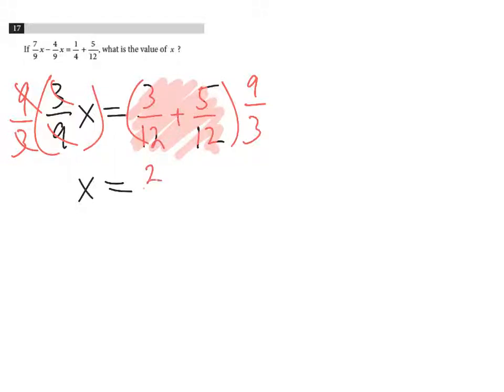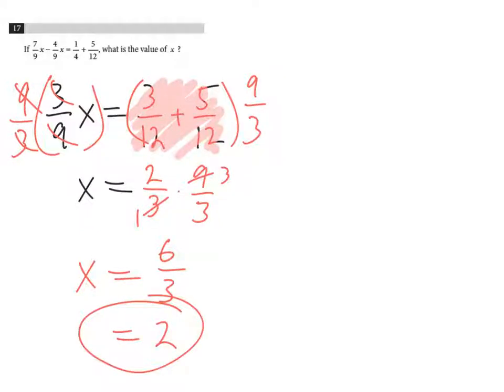We'll have 2/3 times 9/3. Okay, divide that by 3. Divide that by 3. Get 1. So we'll see that x equals 6/3 or 2.